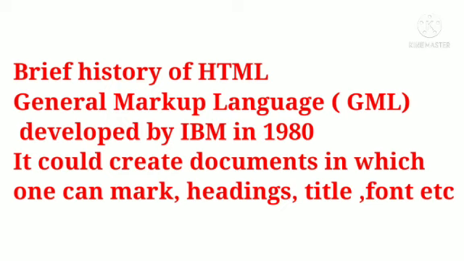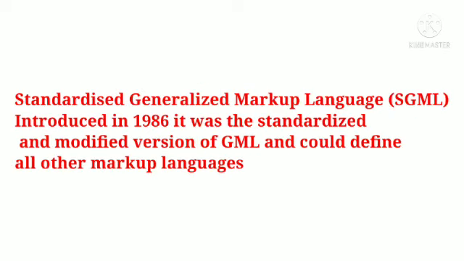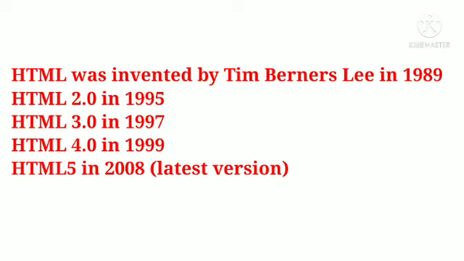GML is used to create documents and can mark headings, title, font, etc. The modified version of GML was introduced in 1986, called Standardized Generalized Markup Language, SGML. SGML formed the basis for the development of HTML. Tim Berners-Lee invented HTML in 1989.